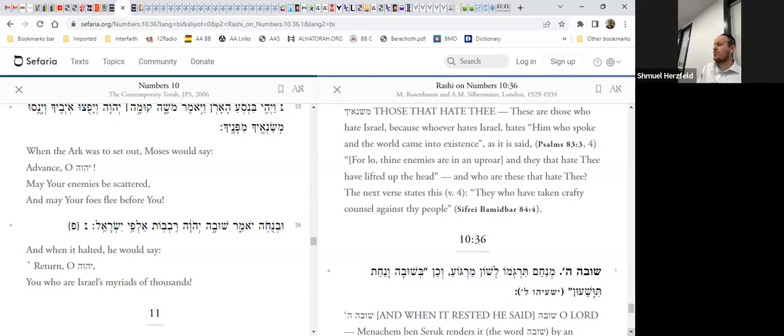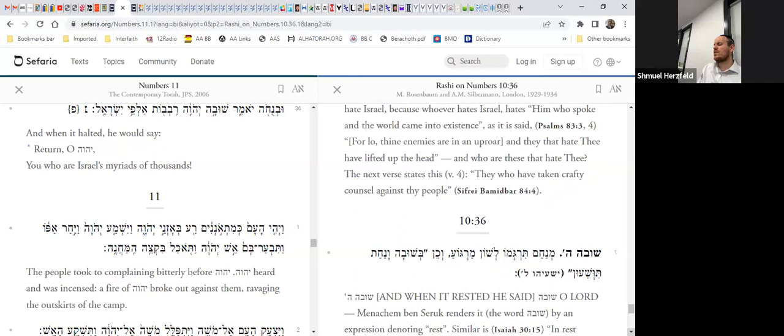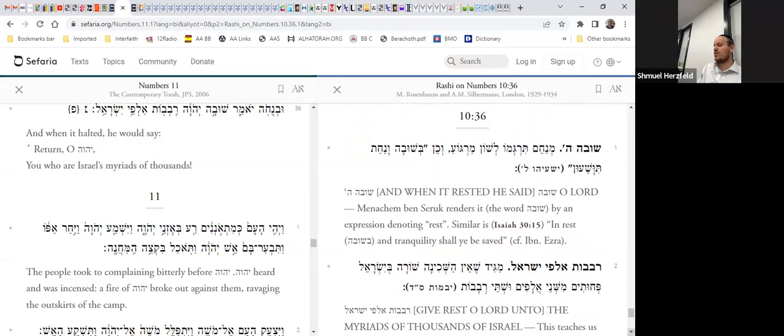And when the ark rested, he said, "Shuva Hashem, rivavos alfei Yisrael," reside, God, amongst the myriads and the thousands of Israel. Myriads, rivava, is 10,000, so rivavos is 20,000. Alfei Yisrael is 2,000.